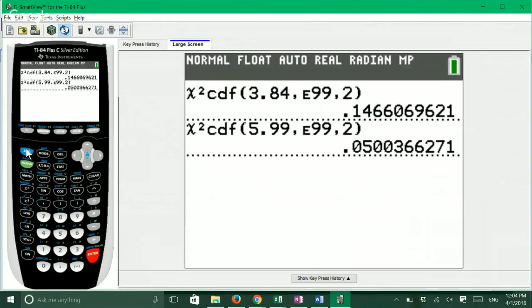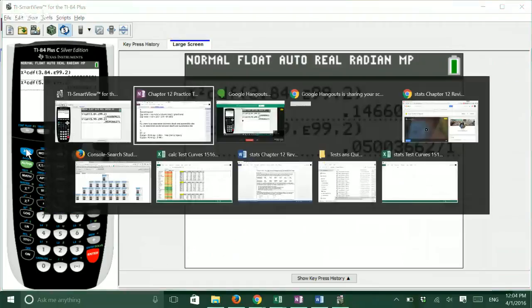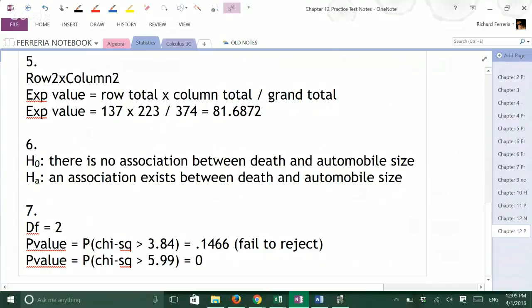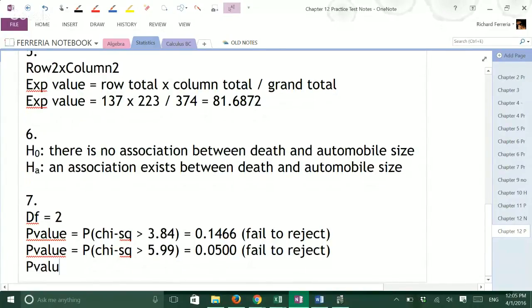It probably does. Ooh, so close. 0.0500. Yeah, so that's really close, but it is fail to reject. So it should be the next one. If it's the same, you can't reject it.